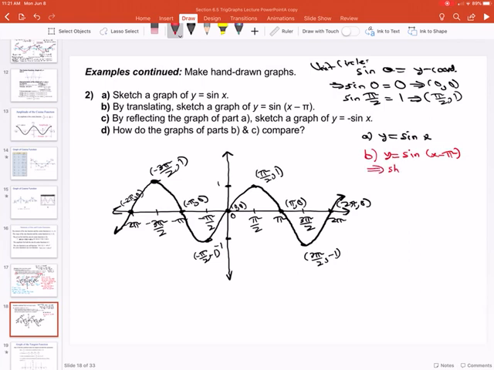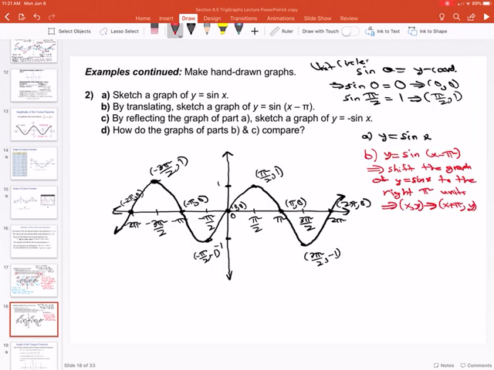This implies we need to shift the graph of y equals sine x, which we already have graphed here in black, to the right pi radians, pi units, 3.14 units. So for every ordered pair on the graph of sine x, we're going to be looking at x plus pi. Why? We've got to shift it to the right, so we subtract pi from it.